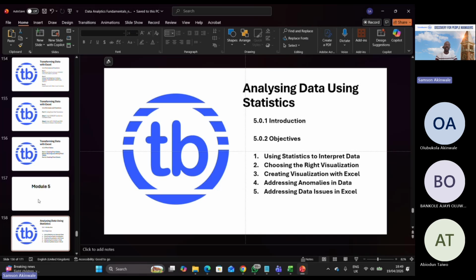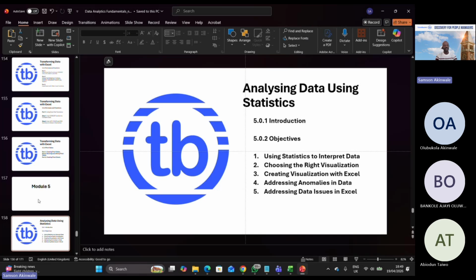Statistics is very, very essential, even though a lot of people who run away from numbers or who do not get along very well with numbers consider statistics as something abstract or difficult, but it is as real as every other physical thing that you can easily touch.